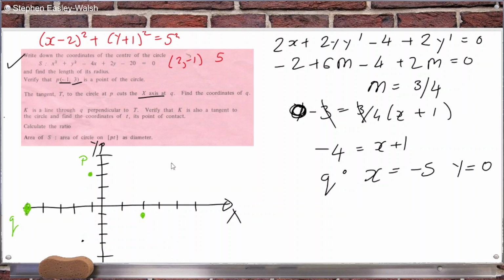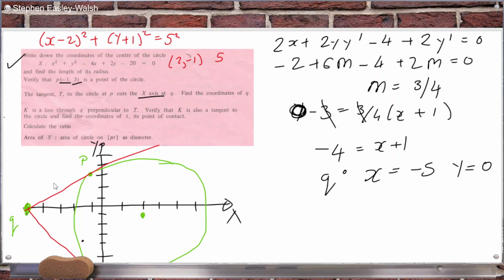So it looks a bit like this. It's a tangent that crosses the axis at Q, and then there's another. It's also another tangent there. Look, and it's perpendicular.